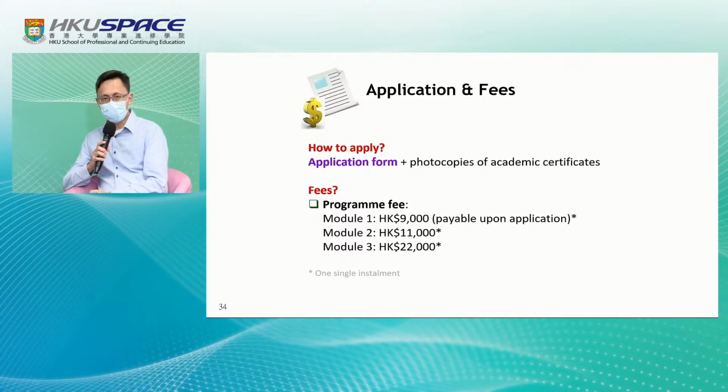For the program fee, because this program involves 3 modules, Module 1 will be 9,000 Hong Kong dollars payable upon application. For Module 2, the program fee would be 11,000, and for Module 3, there will be 22,000. The fees of Module 2 and Module 3 will be payable upon the start of the module.